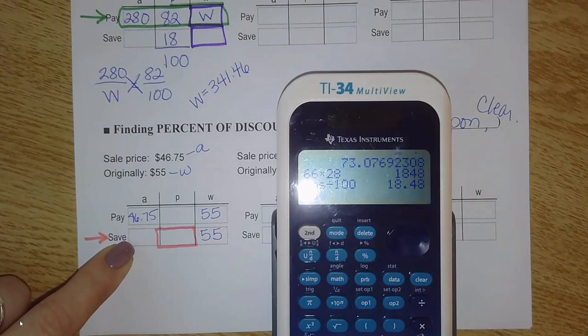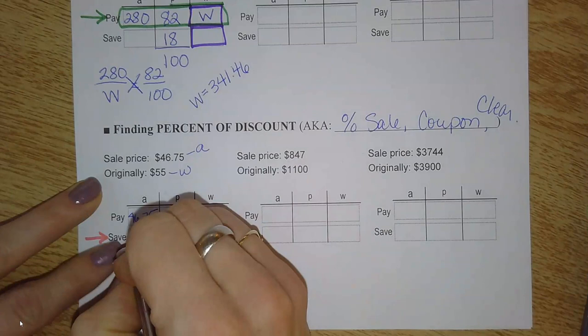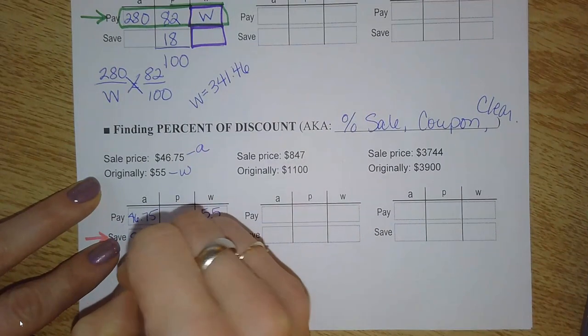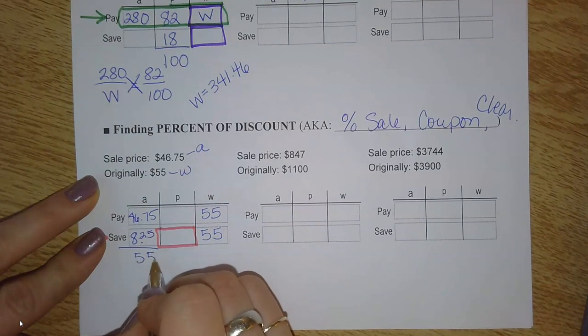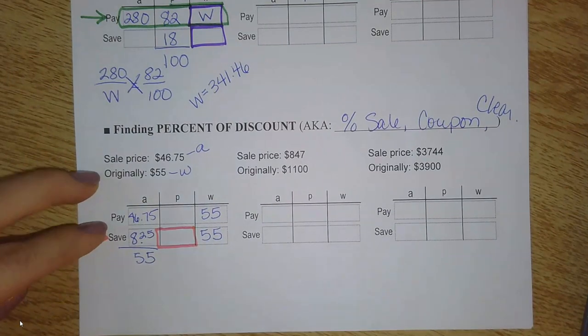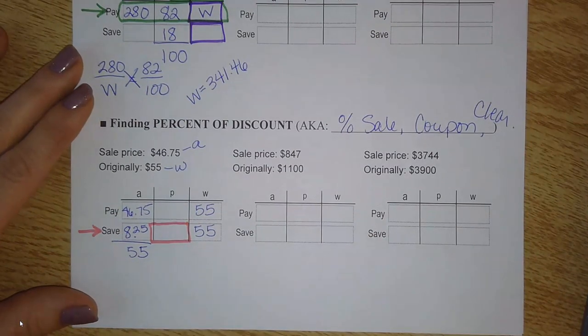It was $55 minus $46.75. That means I didn't pay for $8.25. So technically I saved $8.25. And I can double check that because I know these have to add up to the full price. Okay, so now I have enough to set up my pink proportion.